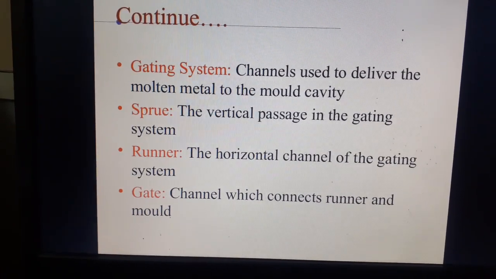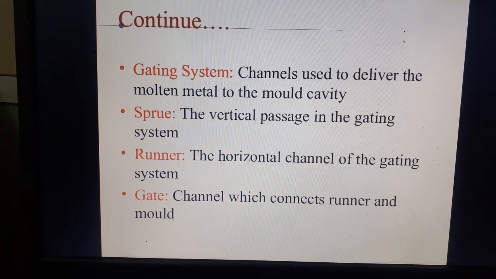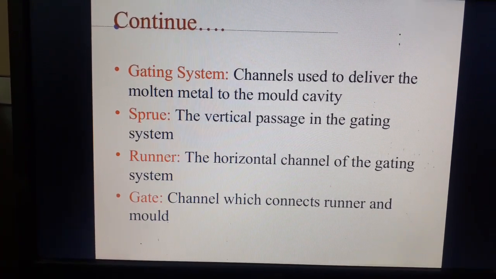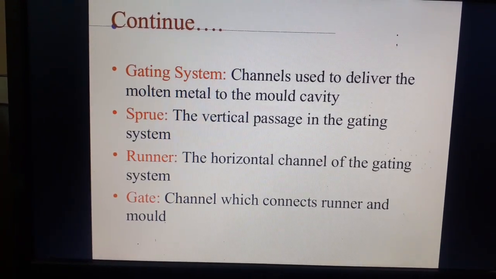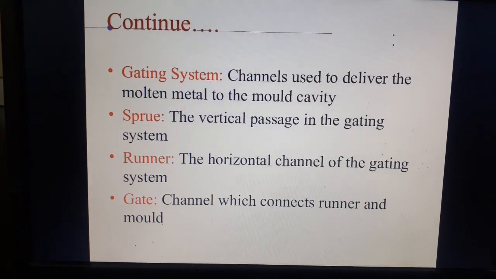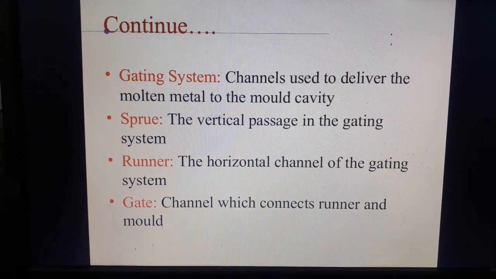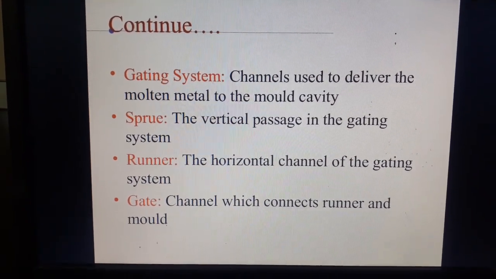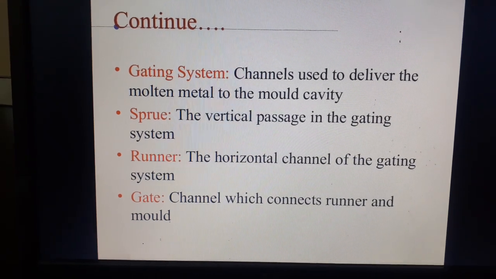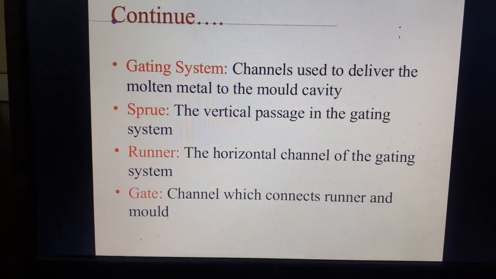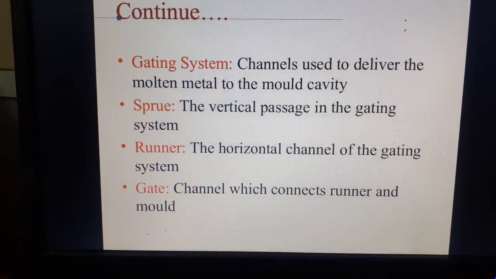Gating system. The gate is the point at which the molten metal enters into the mold cavity. The sprue is a vertical passage in the gating system. Runner, the horizontal channel of the gating system.